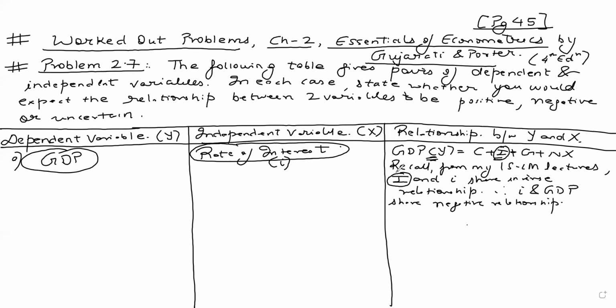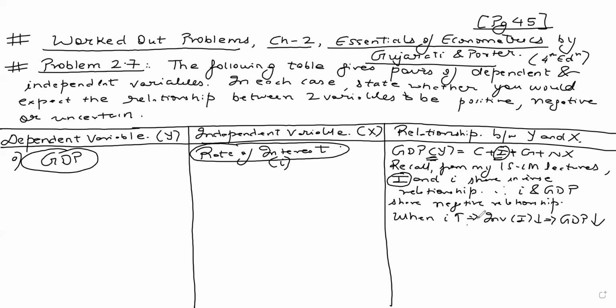When interest rate goes up, investment, which is capital I, falls, which implies GDP also falls. So we would expect the relationship between GDP and interest rate to be probably negative. Now when I say this, I'm keeping all of the factors constant. Remember, it's always ceteris paribus. Ceteris paribus means I keep all of the factors influencing the GDP constant.